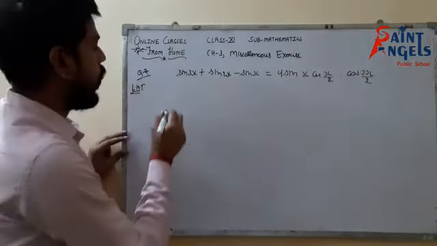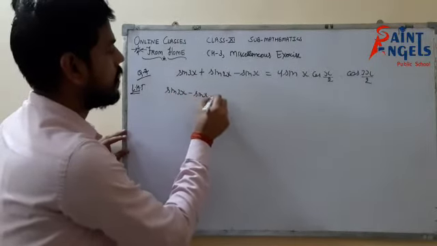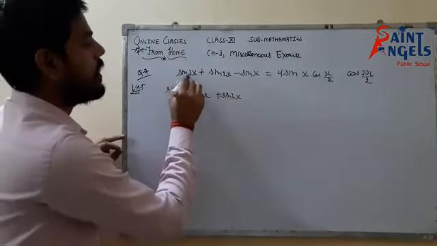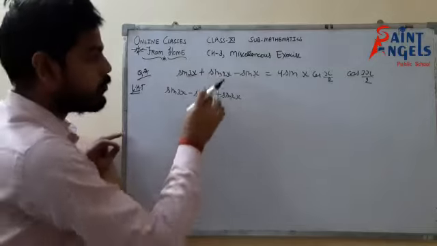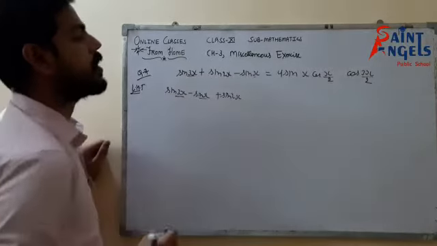So I am applying the formula of sin a minus sin b on sin 3x minus sin x, plus sin 2x. I have done it because when I add 3x plus x, that will be 4x upon 2, 2x, so I can take sin 2x as common. Now apply the formula of sin a minus sin b.